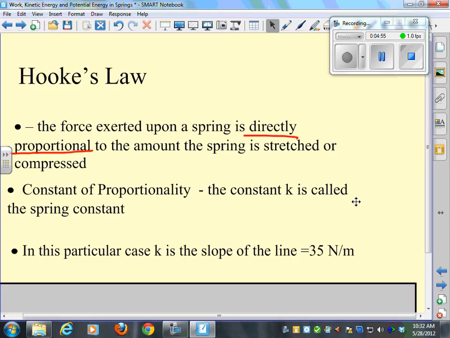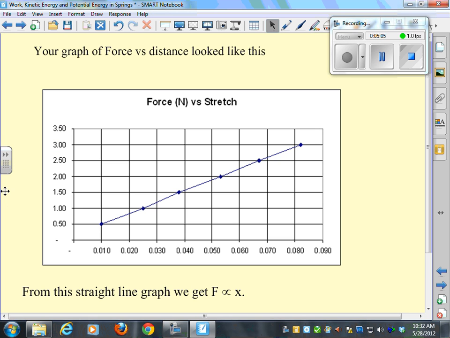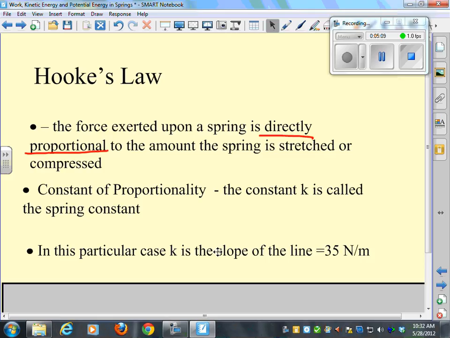Were they 2 different slopes? Yeah. So in other words, they had different spring constants. In this particular case, the graph I drew up here, if I were to find the slope of this line, I would find it to be 35 newtons per meter. So the slope of that line is 35. In other words, the spring constant for that particular spring is 35.